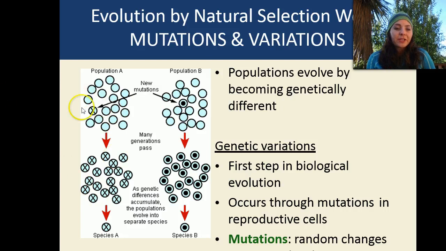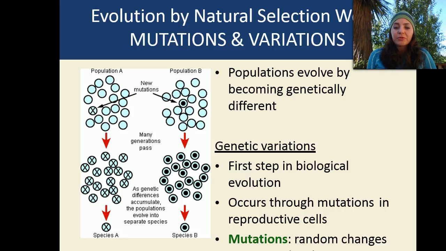So over many generations, you see here that we have a whole population with X's and a whole population with these black dots because those are the most adapted. However, as those genetic differences accumulated, we actually had those two populations of the same species evolve into two separate species. So those genetic variations are actually the first step in biological evolution.